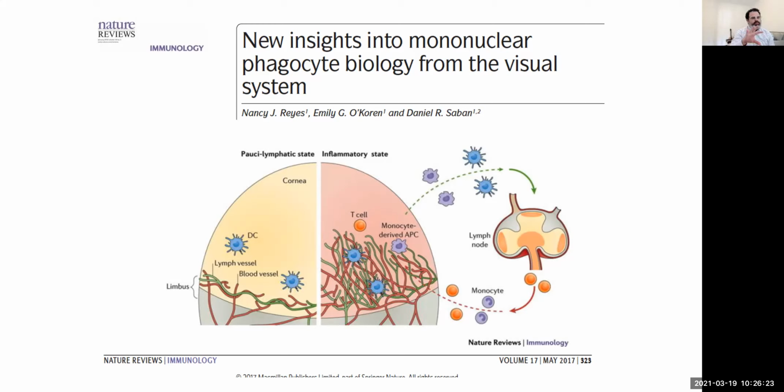On the one hand, it is a relatively alymphatic state, but on the other hand, it's not completely inaccessible to both processes, both limbs, the afferent and efferent. And furthermore, as you can see, in an inflammatory state, you do have invasion of these vessels into the cornea proper, which can amplify the trafficking of these cells. Okay.